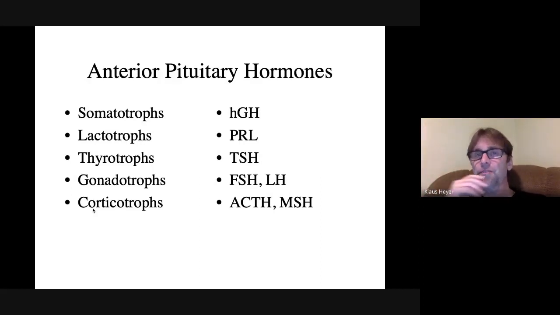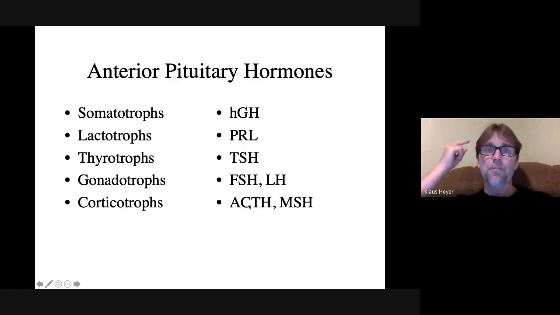Those are sitting on top of your kidneys, and your adrenal glands make, among other things, steroids like hydrocortisone, cortisol, whatever. So when your body wants to release steroids, the corticotrophs are going to make ACTH, and ACTH is released in your brain, and it goes down to your adrenal glands and causes them to make steroids.